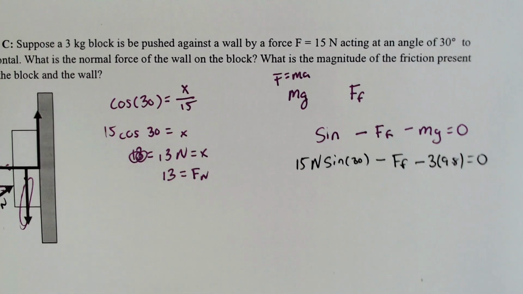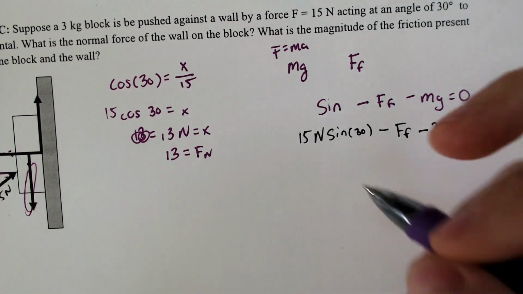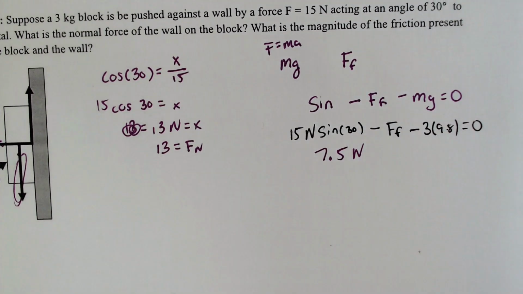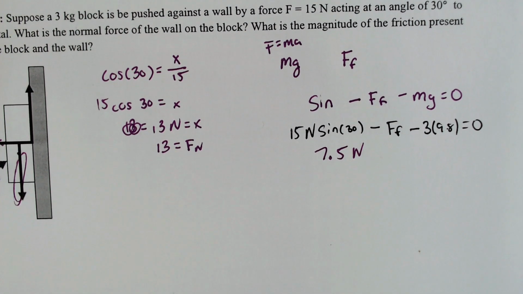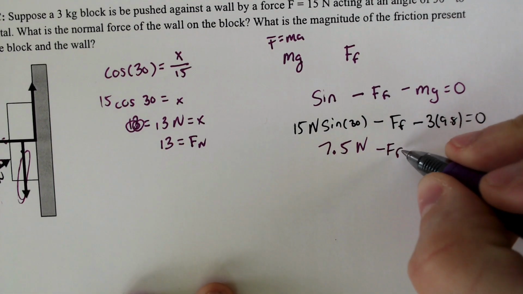Okay? We do this solving process. We got 15 sine of 30. That equals 7.5 newtons. Minus 3 times 9.8 would be minus the force of friction.